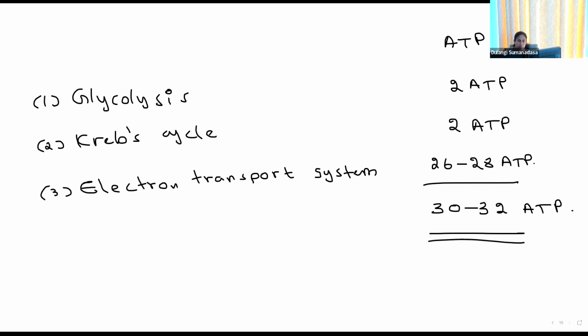Right, so this is what happens if the full cellular respiration takes place, breaking down glucose into carbon dioxide. This takes place in the presence of oxygen. We use the term aerobic cellular respiration.